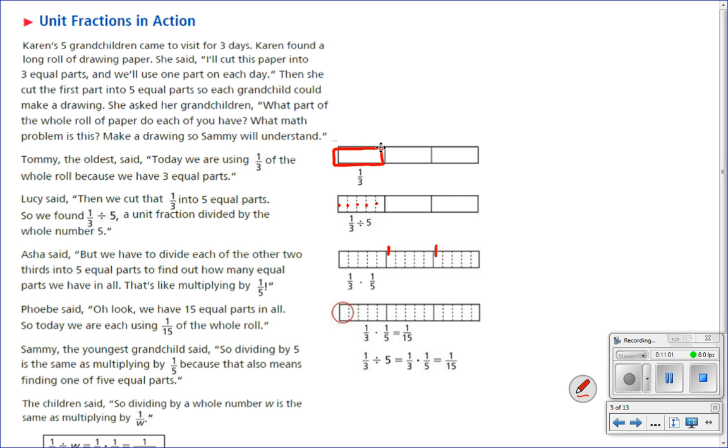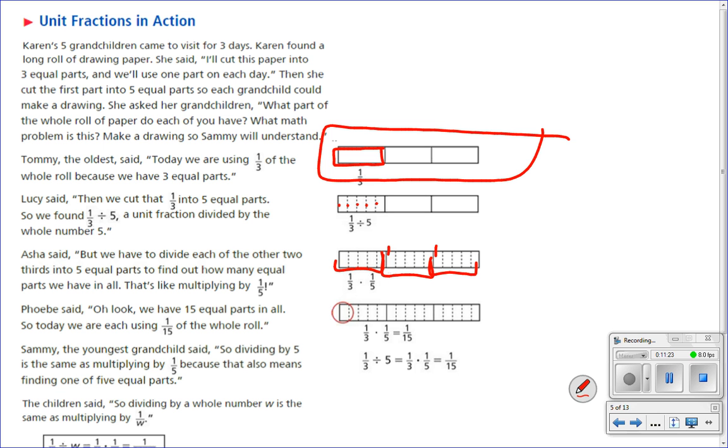Phoebe said, oh, look, we have 15 equal parts in all. So if they were to take the whole roll of paper and divide it by 5, there's going to be 15 equal parts. So they did 5 parts each day. You see that? 5 parts on day 1, 5 parts on day 2, 5 parts on day 3.